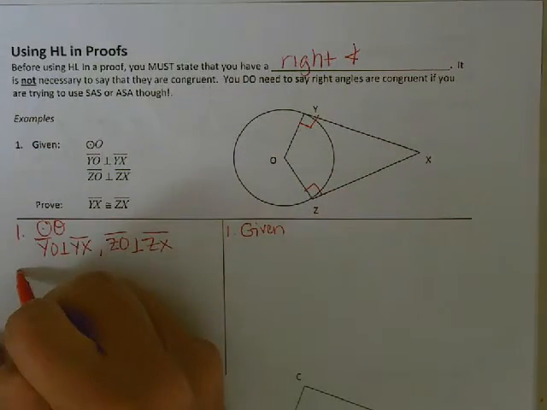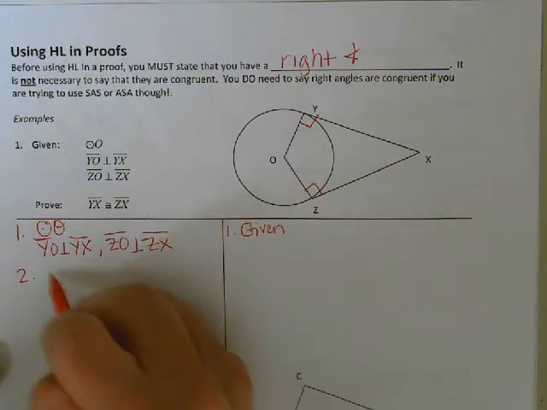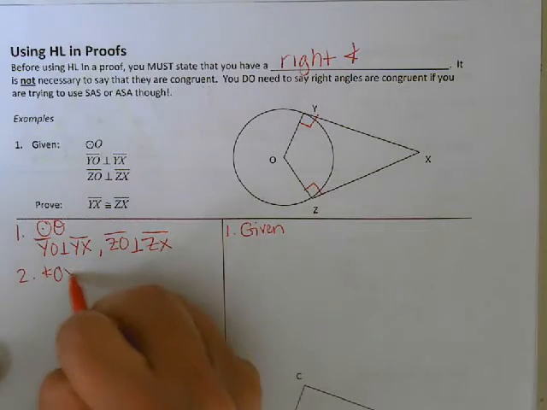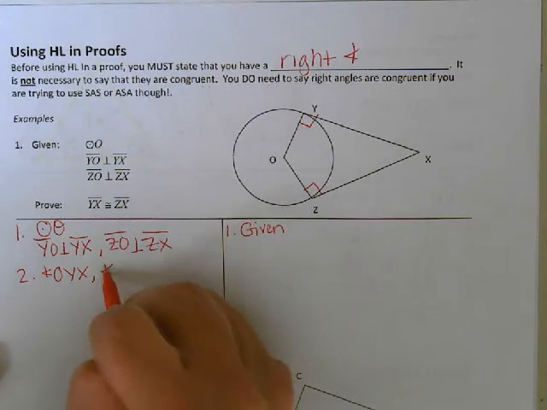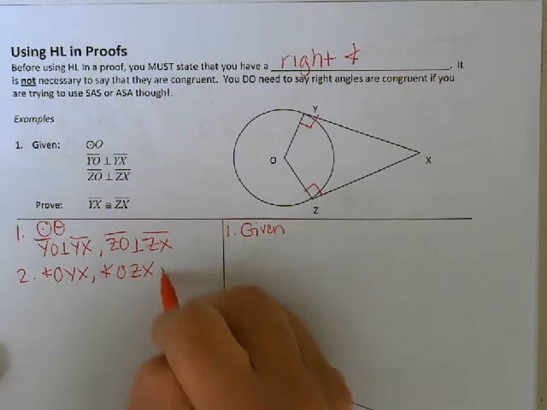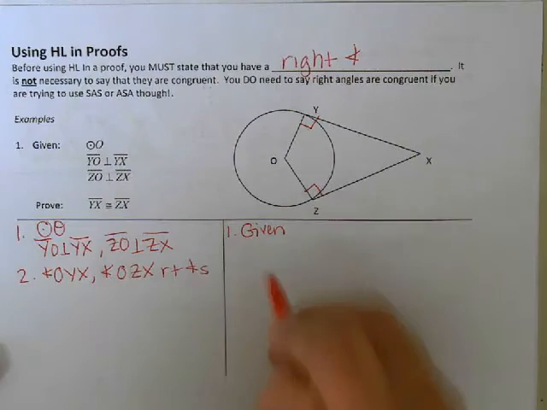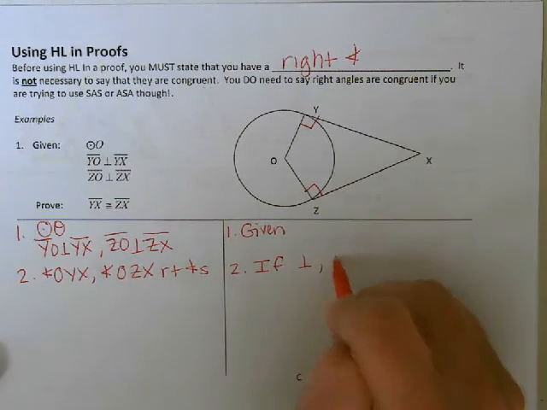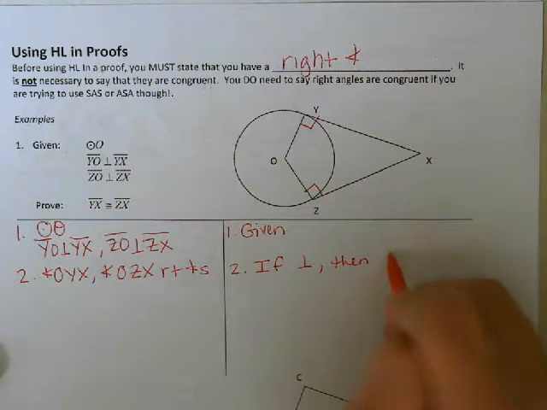So I'm going to write that as step 2 in my proof, that angle OYX and angle OZX are right angles, because if perpendicular, then forms right angles.